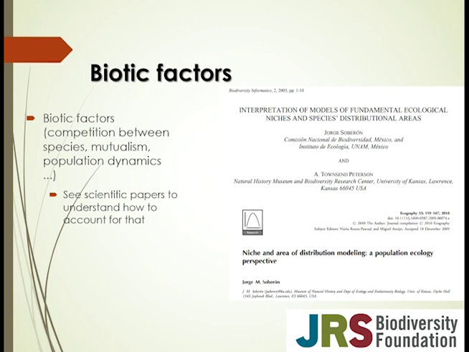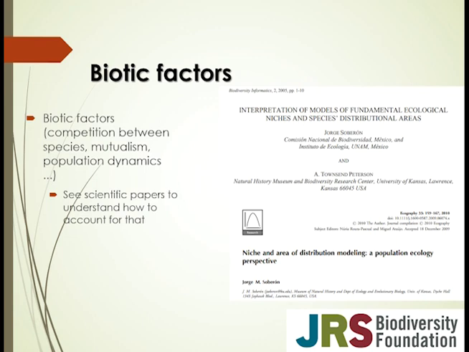And the second one is about niche and area of distribution modeling, a population ecology perspective, from Soberon. We will find out how they try to solve the problems of biotic factors in ecological niche modeling.